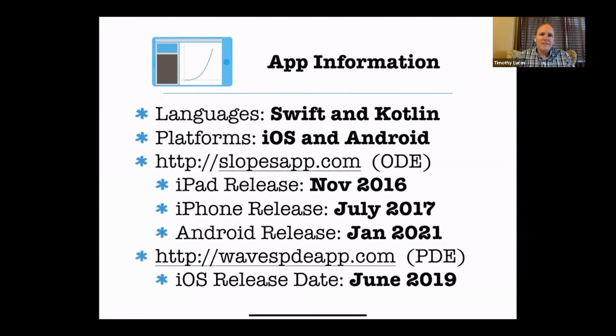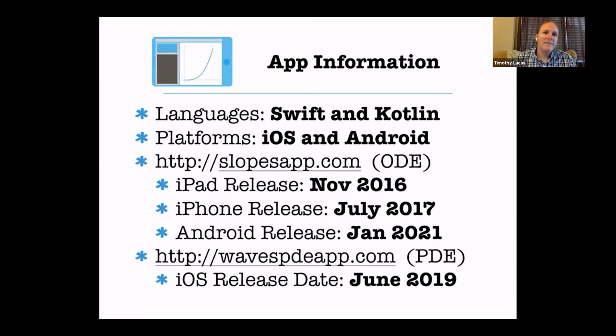So I'm going to talk today about Slopes. Slopes is an app for both now iOS and Android. We released Slopes back in 2016/17 for iOS. But actually recently in January, we finally have gotten an Android version up and running due to popular demand.